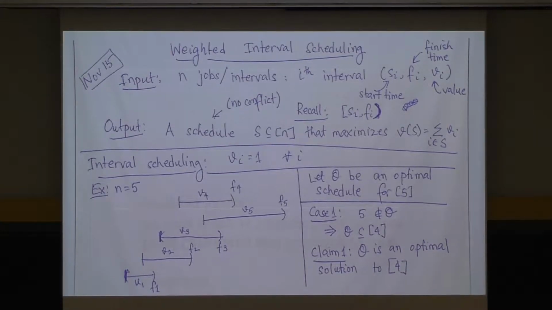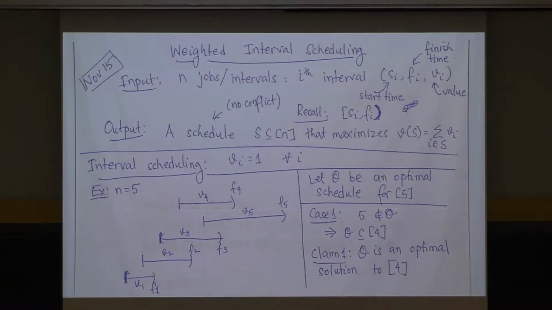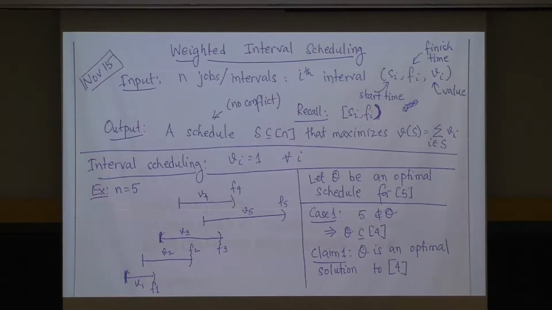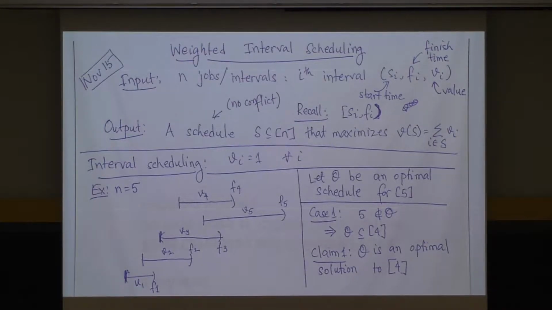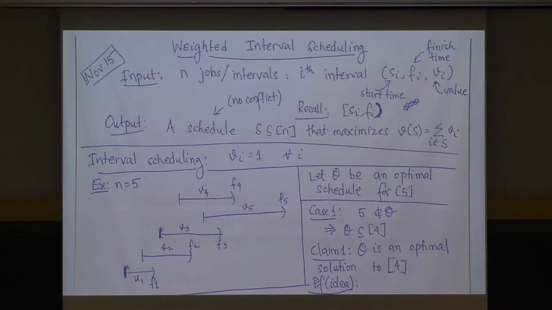So we are saying something stronger. We're saying if 5 is not there, then whatever remains actually has to be an optimal solution for the subproblem, which only had the first 4 intervals in it. It's not that hard to argue, so we'll quickly go over it.